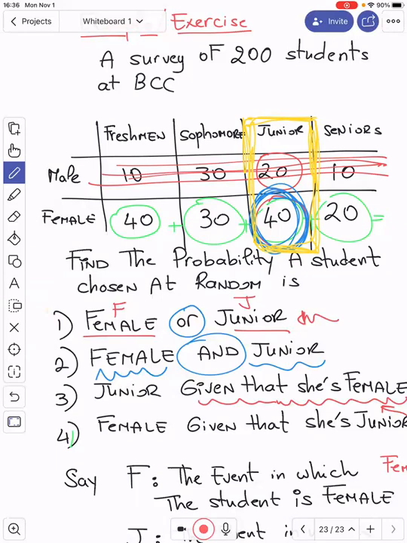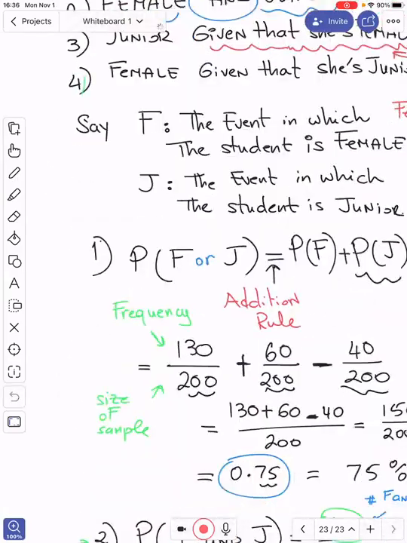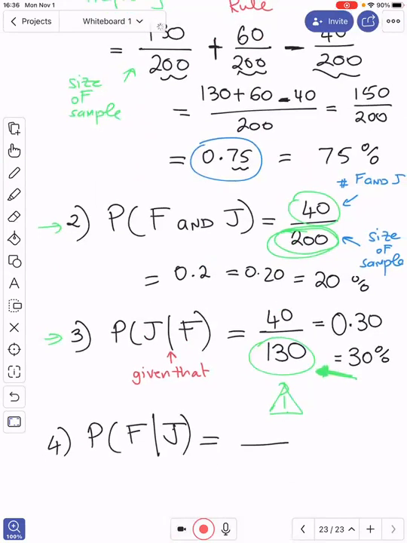60. So 60, that will be the size of the sample. So we need to divide by 60 because that's the total number of juniors. Here we divide by 130 because that's the number of females.